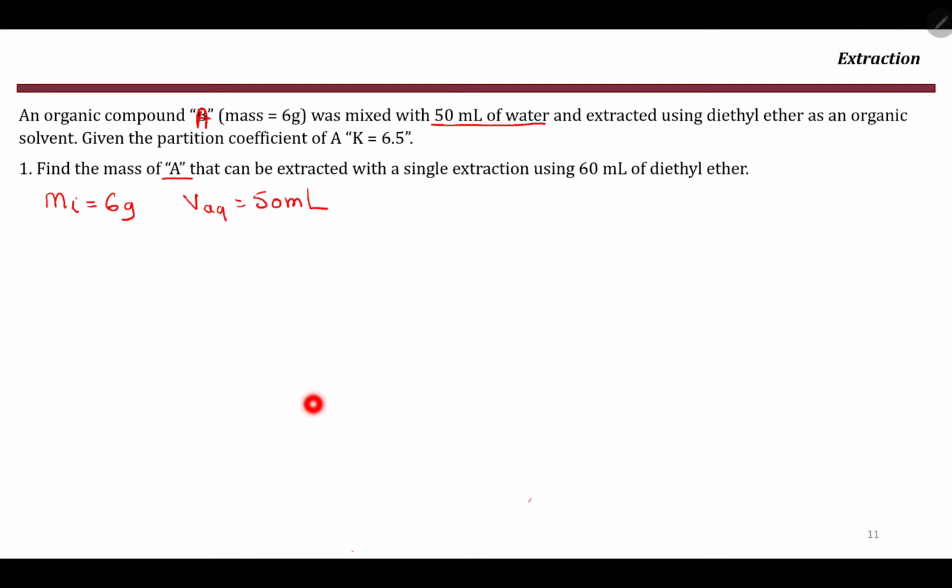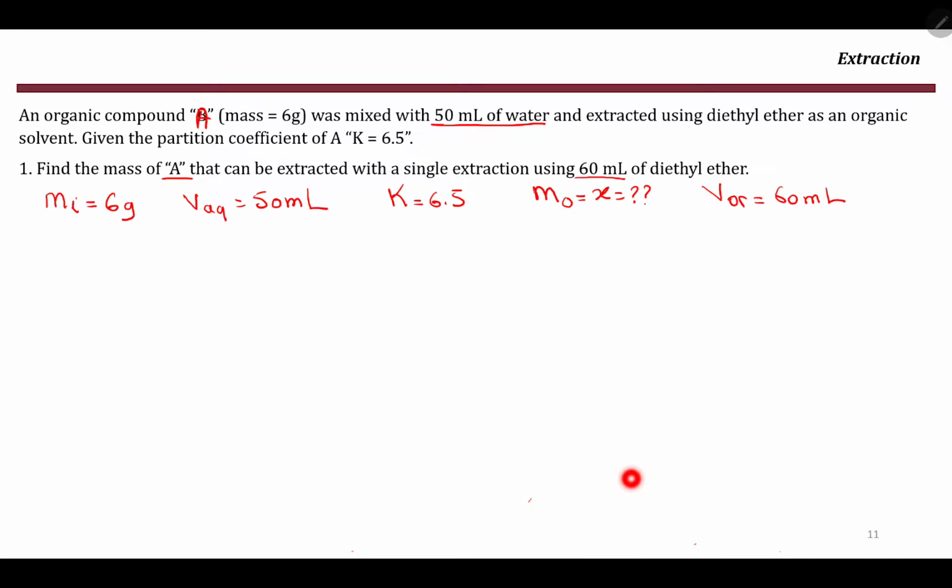Extracted using diethyl ether as the organic solvent, given the partition coefficient is 6.5. And the question is, find the mass of A that can be extracted. So we are talking about mass organic, which is the X, the unknown, using 60 milliliters. So this is basically the volume of the organic layer, which is equal to 60 milliliters.